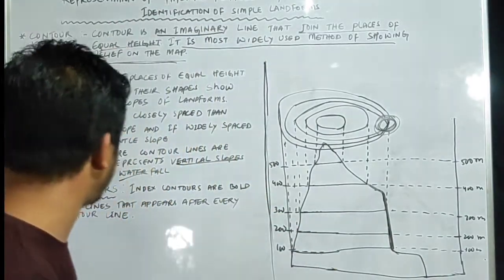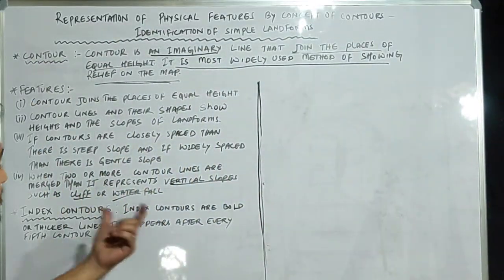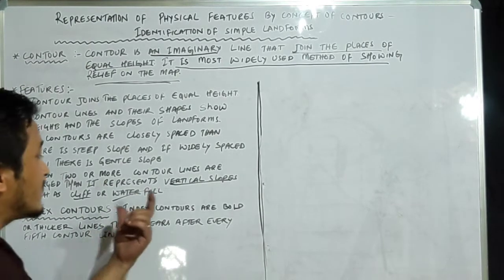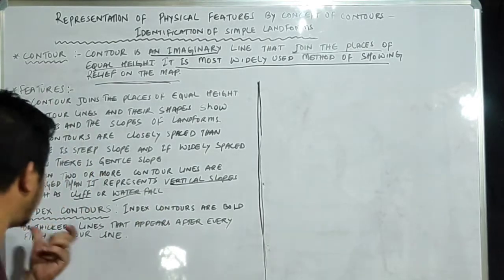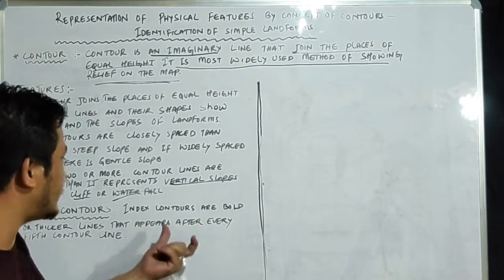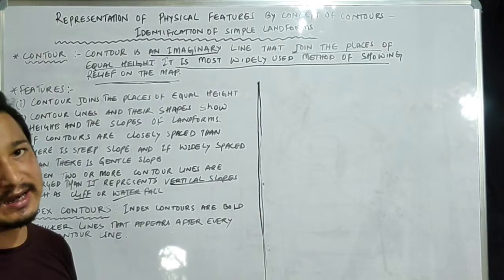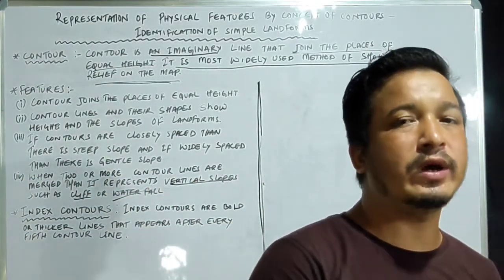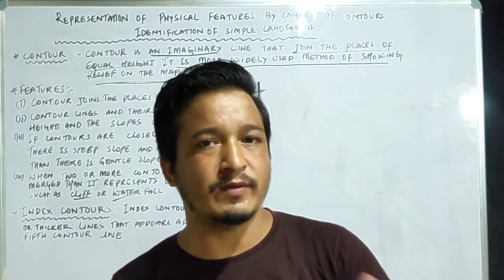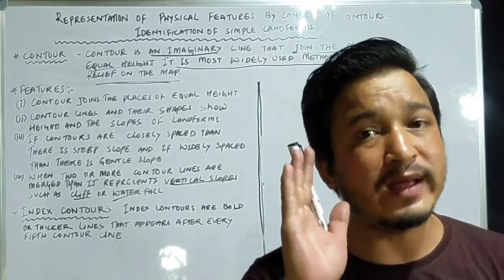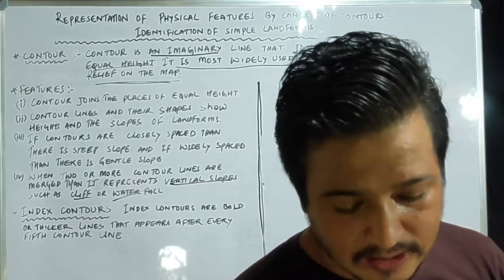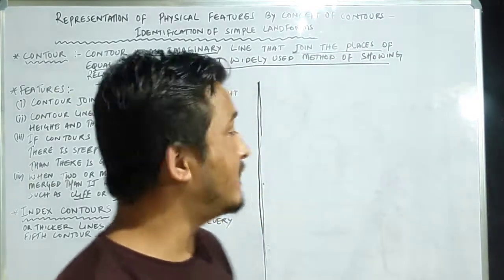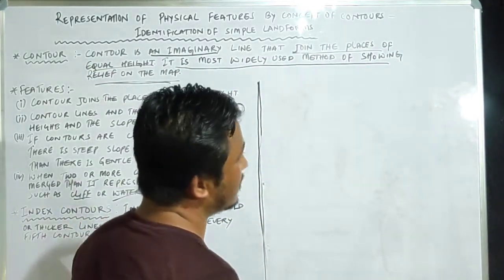Now let us move to the next topic, that is index contours. So what are index contours? Index contours are bold or thicker lines that appear after every fifth contour line. In your book from Goel Brothers Prakashan, on page number 29, figure number 2.5a, contour lines are shown.